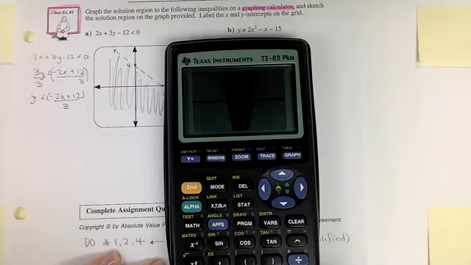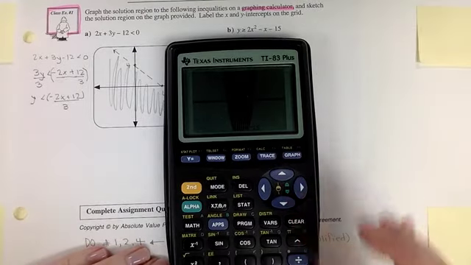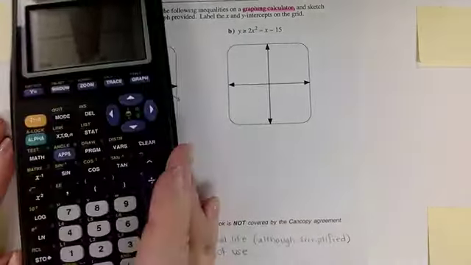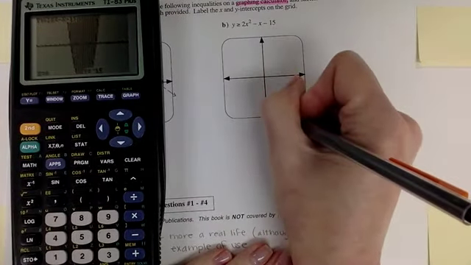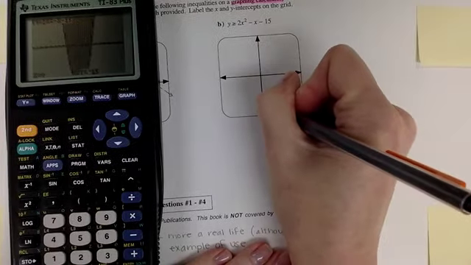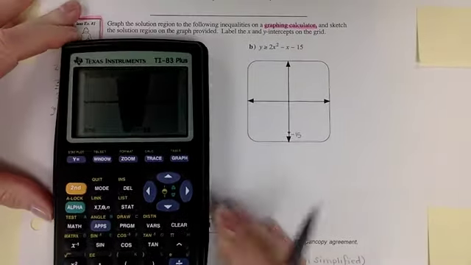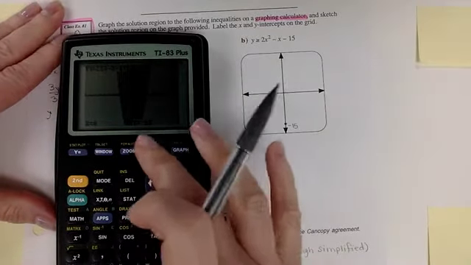And it says label the x and the y-intercept. Well, y-intercept is let x equal 0, so trace 0, negative 15, which doesn't show, and that's okay. So here we go, negative 15, and that will be the lowest point that it goes. And it looks like 1, 2, 3 maybe.